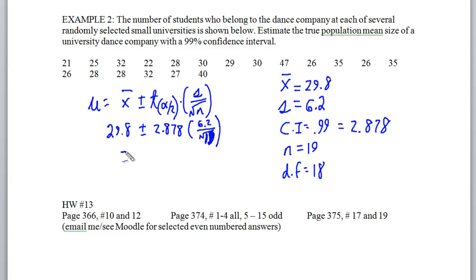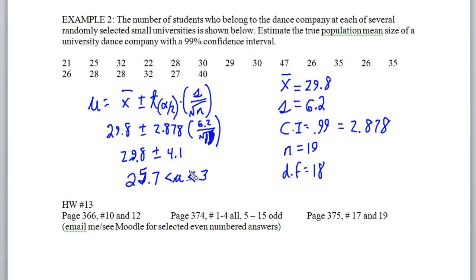All right, so I got 29.8 plus 4.1. This whole thing compacts down to 4.1. Did I say 2.98? I meant 29.8 plus or minus 4.1, which means that if I subtract the 4.1 from the 29.8, I get 25.7, which is the lower bound for our average mu.